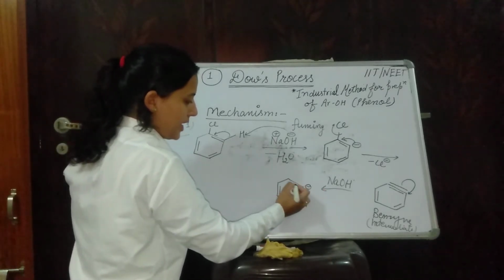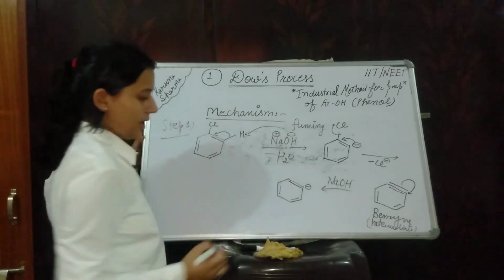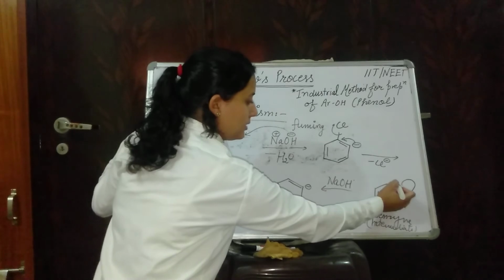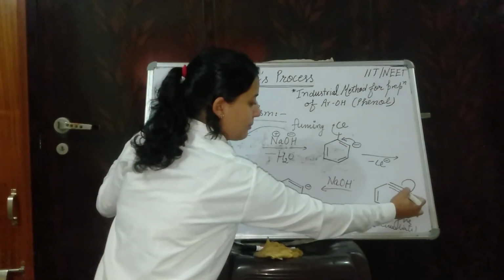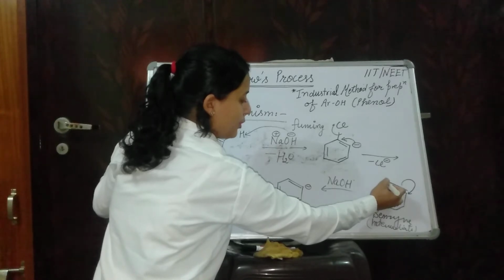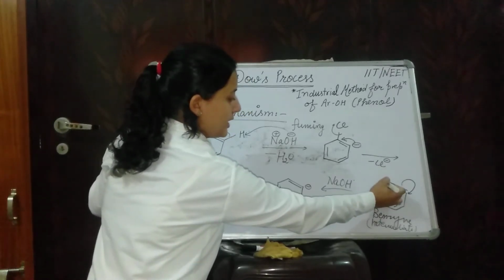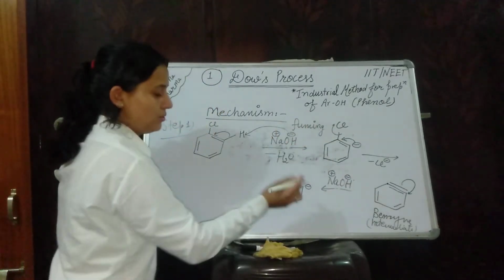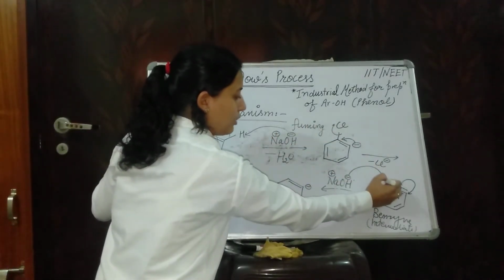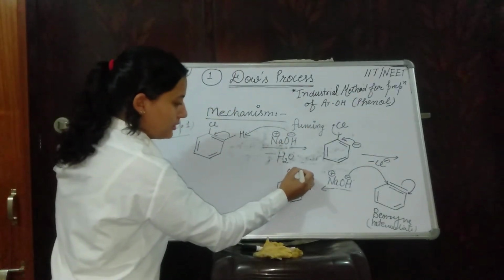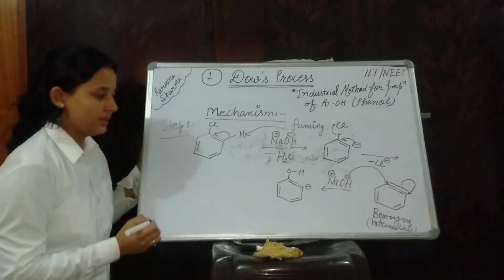This is negative charge and this will form this kind of system. As electron density shifts to this carbon atom, that's why it will gain positive charge. This is positive and this is negative. This will attack on this carbon atom, generation of this type of molecule, you can say.